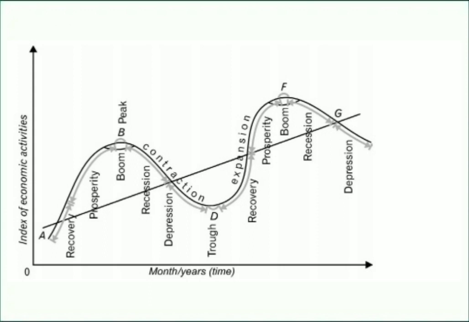It is where the economy is going up, prosperity, goes up, boom. That's the peak. And then the contraction goes down. As you see it's written for you here: recession, depression, which I told you is one of the hardest, and trough, which is also the hardest. Then it goes back to recovery.